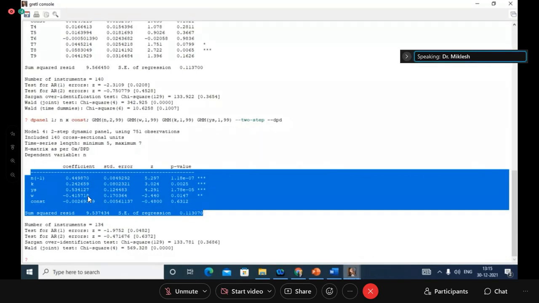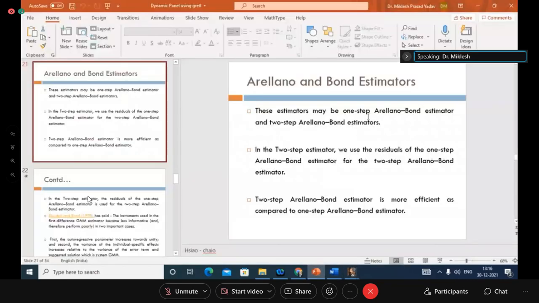Now, people just jump to system GMM. They do not understand what happens in difference GMM, and then what happens in system GMM. Directly they jump to the system GMM. But let's talk about what is wrong with this Arellano-Bond estimator, and then we talk about system GMM.